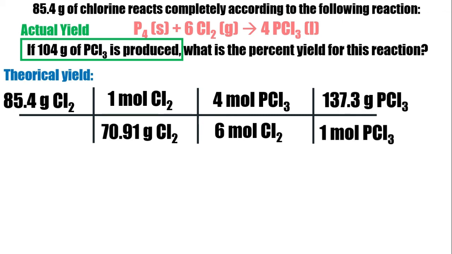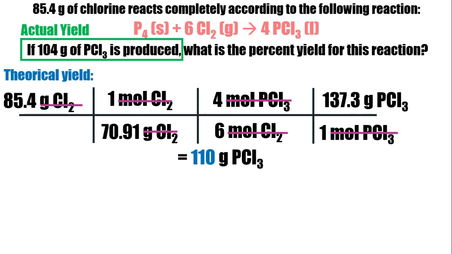Then make use of the molar mass, 1 mole of phosphorus trichloride in the bottom, to get the mass of phosphorus trichloride in grams. Canceling the units, boom, boom, boom. This will give us 110 grams phosphorus trichloride.